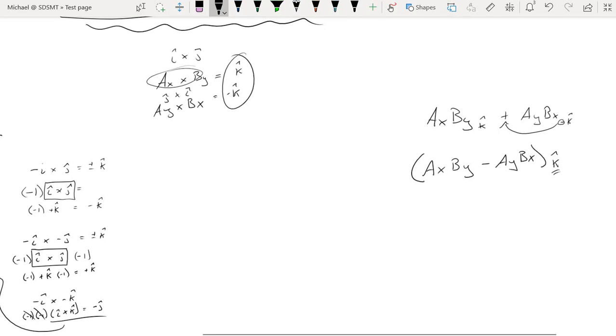Likewise, we can do the same thing with ay bz minus az by, and these are the j and k's, and so these will result in the I hat component of our final vector.